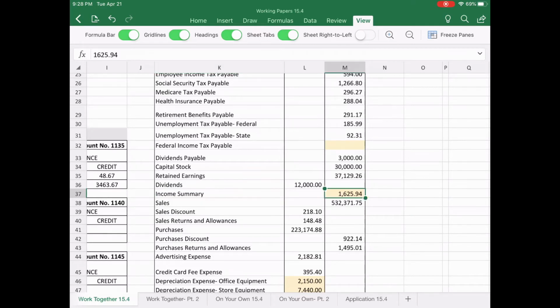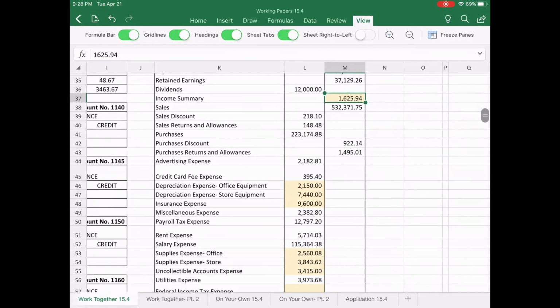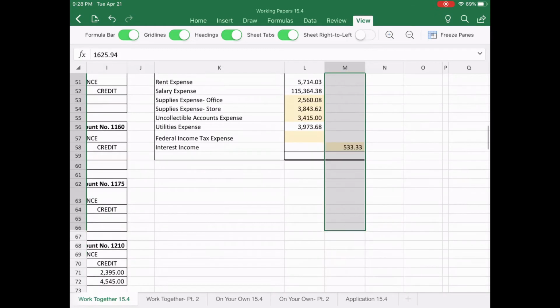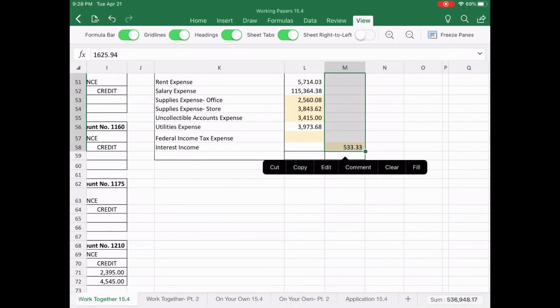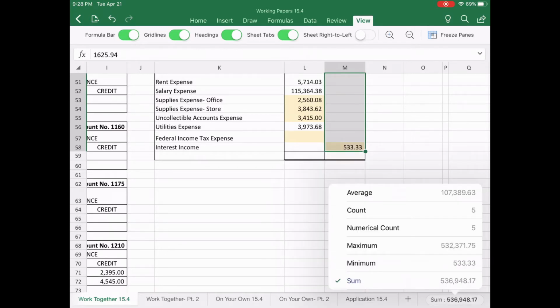The problem just said it wants all of the amounts in the credit column on the income statement, so that would be all of these numbers. If I highlight those, it tells me that my sum down here is $536,948.17.